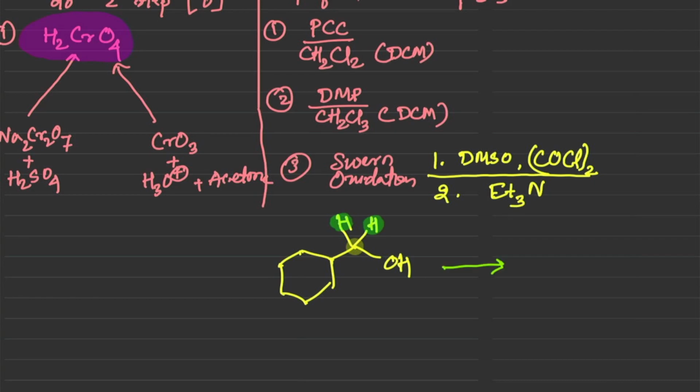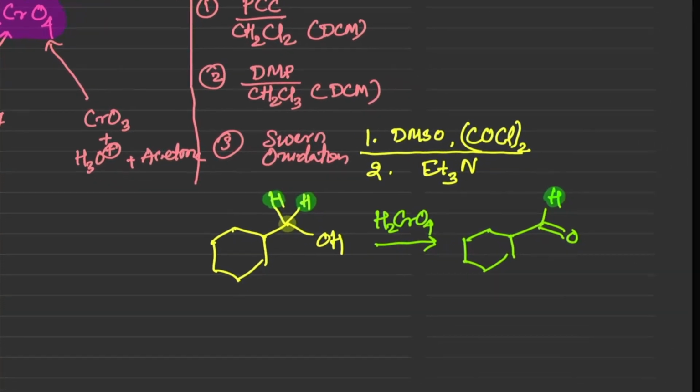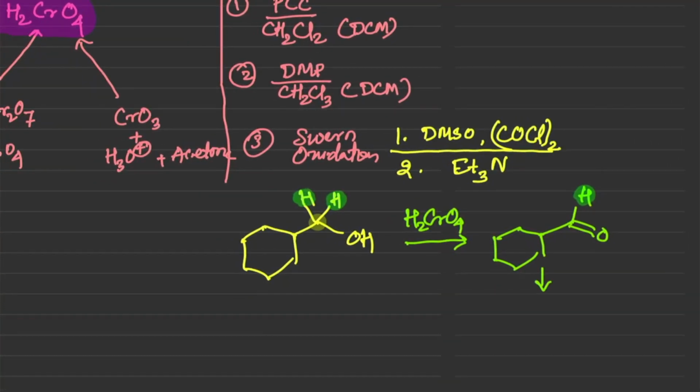So let's say I add chromic acid here. Then I will go over this. I still have one hydrogen left, and it can perform another step of oxidation.